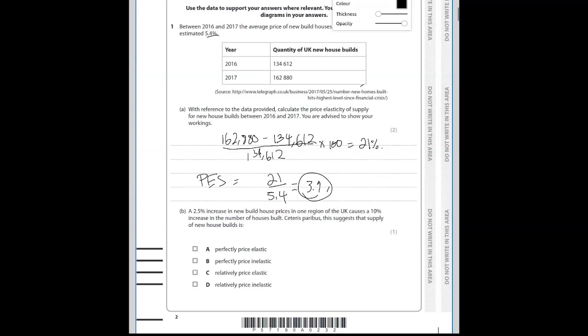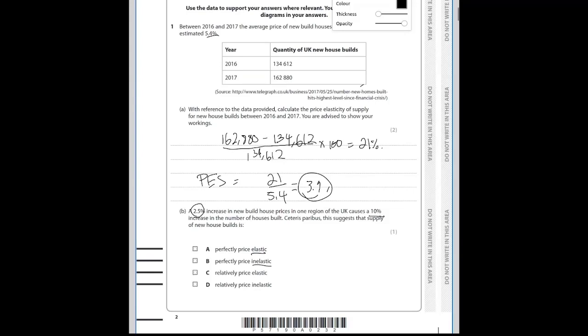So there are 2 things that we're paying attention to here, right? One is the elastic versus inelastic. We can see a 2.5% increase in new home build prices is leading to a 10% increase in supply. So the change in supply is more significant than the change in the price.